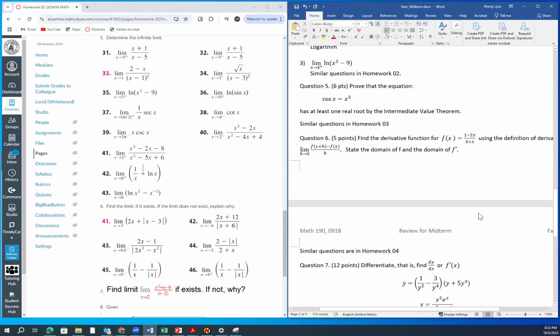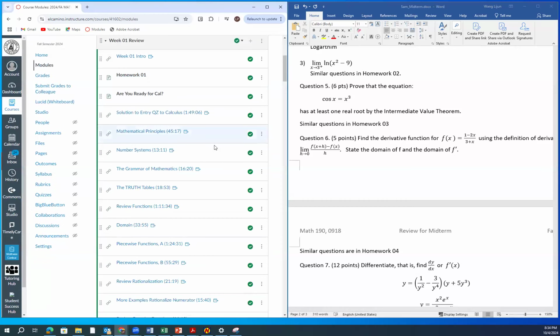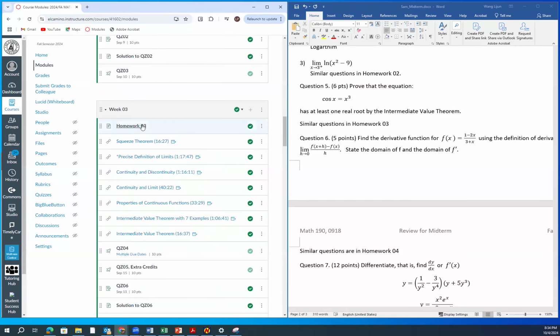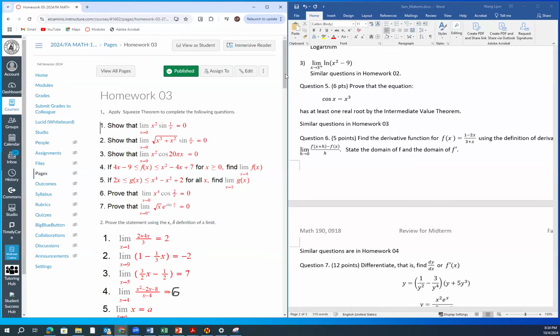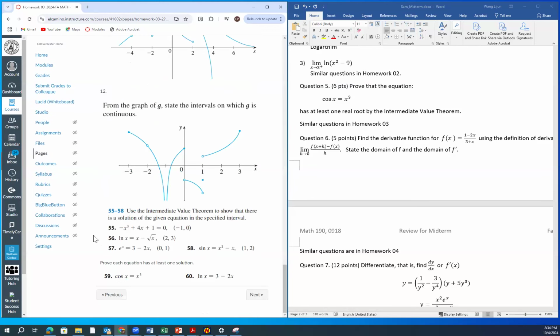Intermediate value theorem, right? There's a number of questions on the homework. We did most of them. How many questions? 1, 2, 3, 4, 5, 6. So one of the 6 questions will be selected.